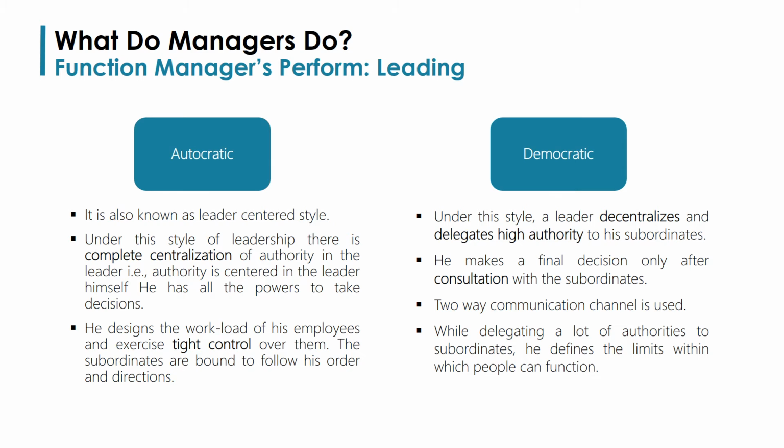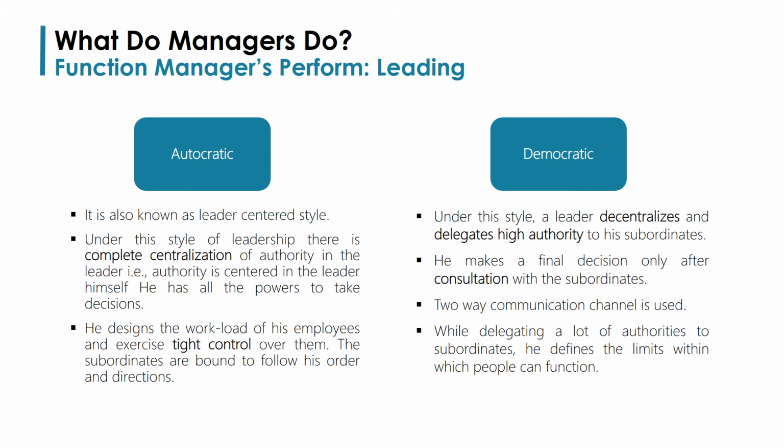If you look at the democratic leader, this is the other end of the story. Under this other kind of style, a decentralization of authority is there, a delegation of power is available to the subordinates, and the final decision is usually taken in consultation with subordinates. So it is two-way communication rather than the one-way communication in the autocratic leadership style.